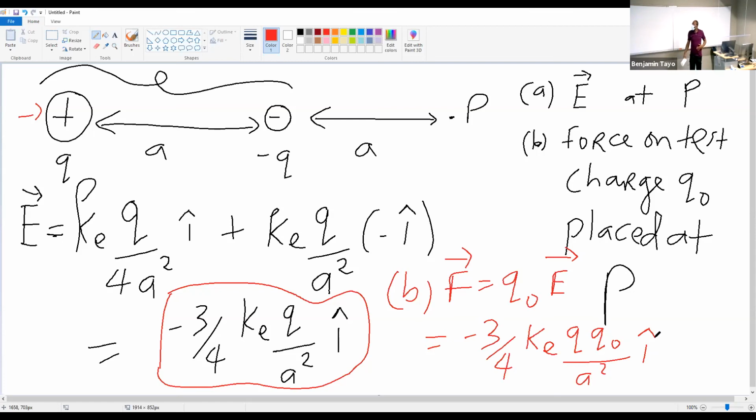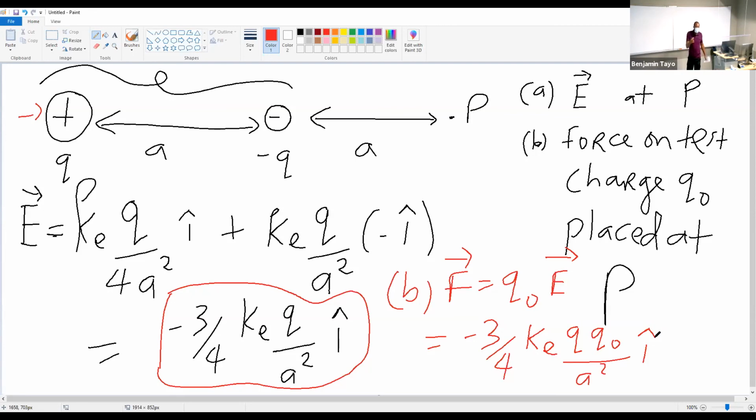Now let me ask you, in what direction is Q naught going to move? Is it going to move in the negative x direction or in the positive x direction? Now I would say it depends, right? It depends on Q naught.